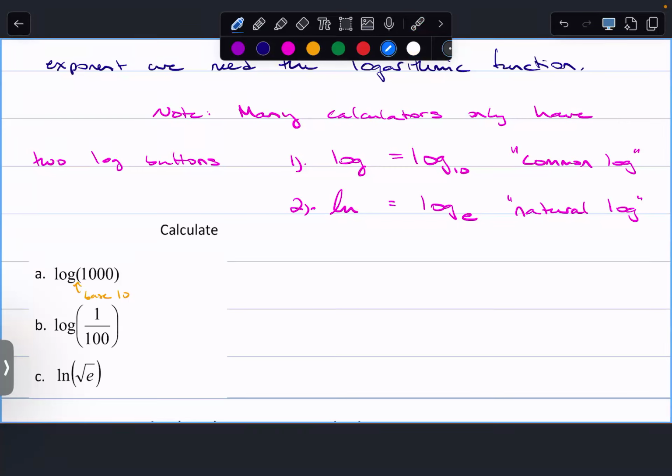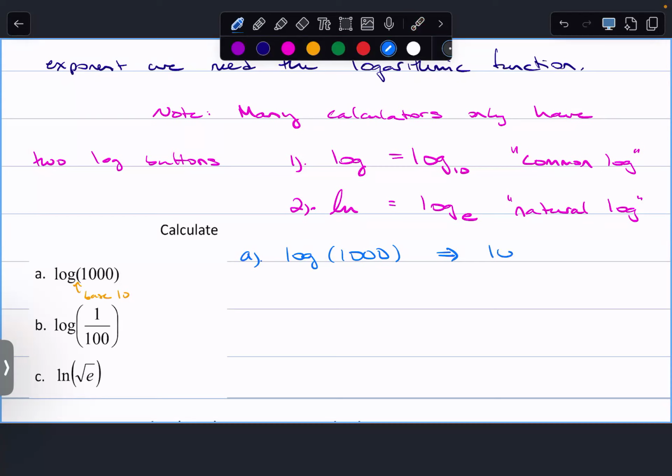But let's say A is the log of 1,000. That has to be equivalent to, this is implied base 10, so 10 to the power of something equals 1,000.